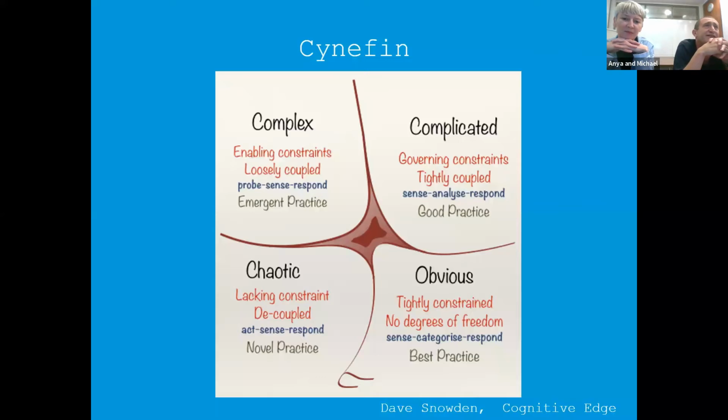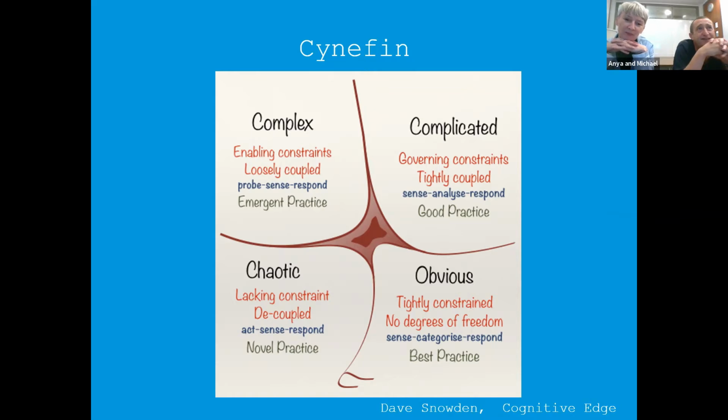But there are basically different ways of behaving depending on what situation you're in. So if you're in a chaotic situation, the obvious one, if your bedroom's on fire, you don't make a plan. You do the first thing that comes in your head. So you act, then you sense to see whether that's made any difference, and then you respond. A complicated situation is the more traditional business analyst, user research thing.